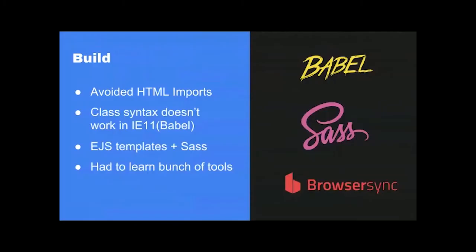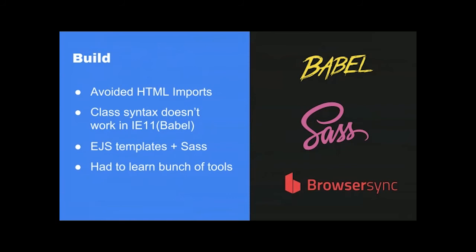But I learned a lot of lessons doing this. I first had to figure out a build process because I wasn't using Polymer and I wanted to avoid HTML imports. I had to get some tools together which would take the HTML, which I wrote in a separate HTML file. So I used Node to grab all the HTML, compress it down into a string, and then put it into my script file.